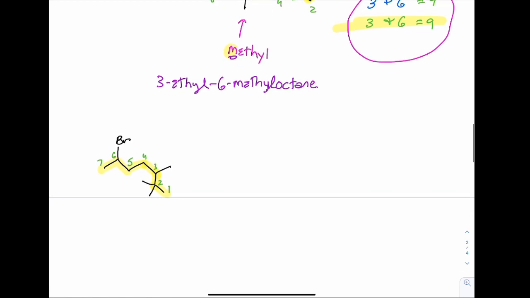But I have a lot of branches on this one. So I have 2 branches on carbon 2, right? There's 2 methyl groups on there. So I need to count that twice, right? Because I have 2 groups on that same carbon. I have a branch on carbon 3 and I have a branch on carbon 6. So when I add those together, I get 13. If we went from the other direction, 1, 2, 3, 4, 5, 6, 7.